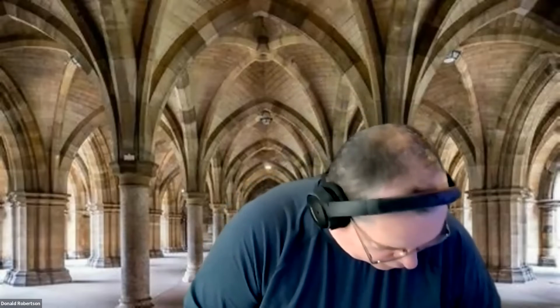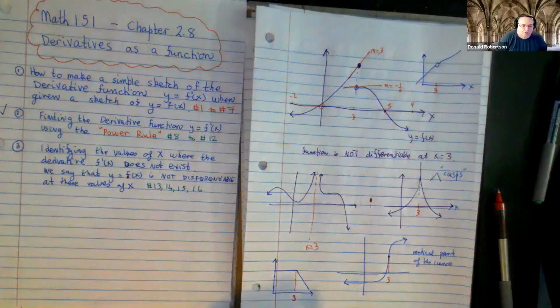Okay, I think that went well. Are we good? Do we need to do any more graphing ones, or do you feel if someone gave you a sketch, you could tell me where a function's not differentiable? Okay, then we are on to our last thing that we need to do in that section, last topic.